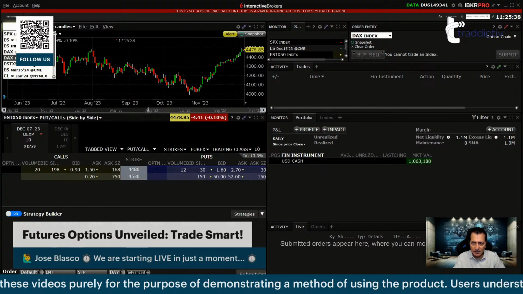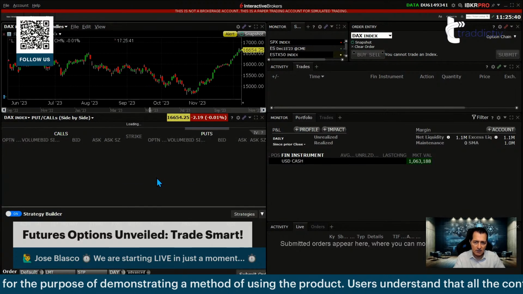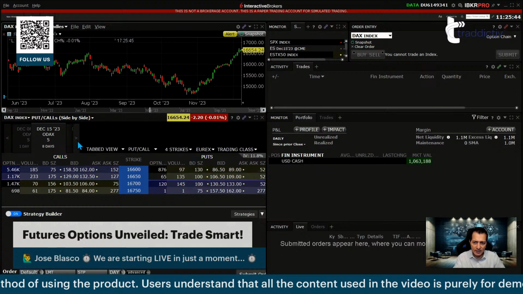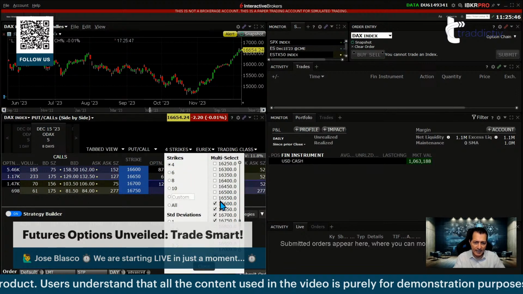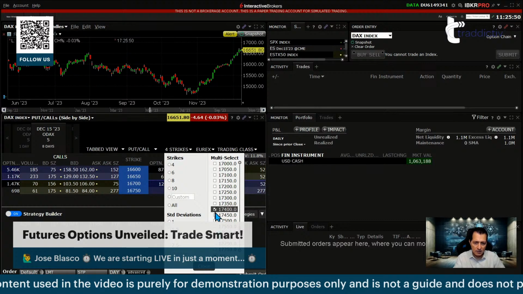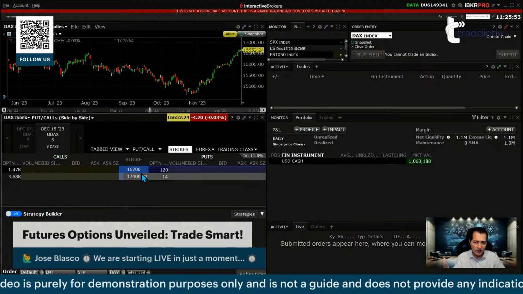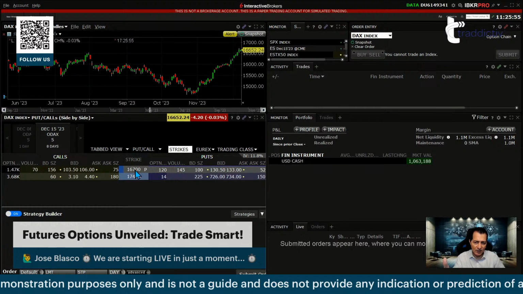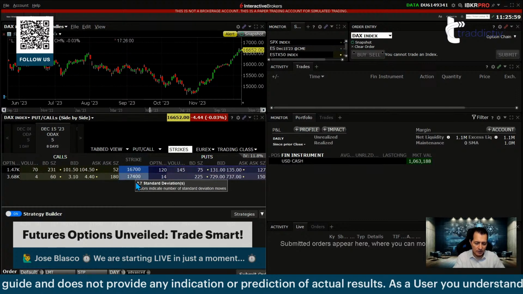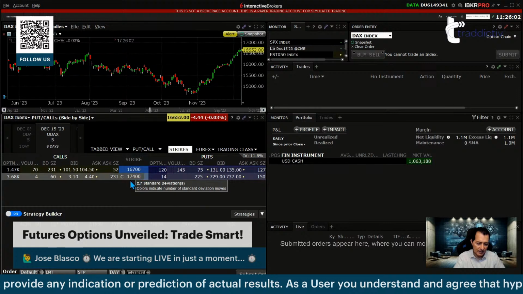So if I look at the DAX, same story. You have 0 DTE, as we said, and if you pick two different strikes, the difference between them from 700 to 400, that is 700 points.